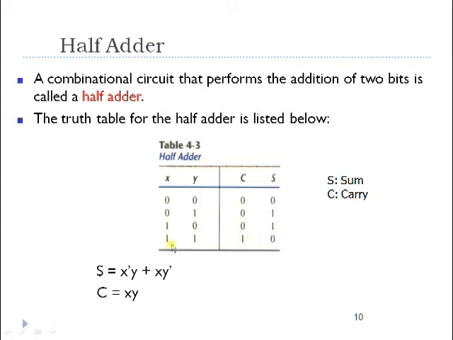As you can see here, 1 plus 1 in decimal is 2, and in binary it is 1 0. So you have got the truth table. Now you have to plot the K-map for C as well as for S. I have plotted the K-maps, and I've got this expression: sum equals x complement y plus x y complement, and C equals xy.